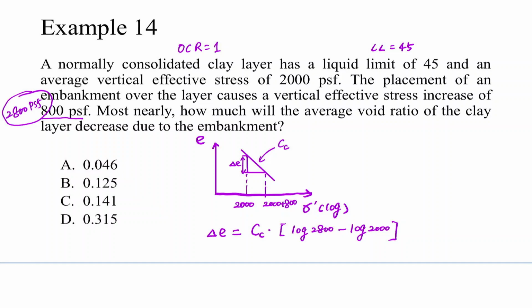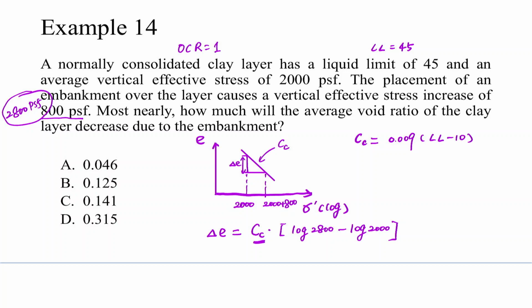The question is, for this particular problem, we don't have the C sub C. We do have the liquid limit. So this is where we use the empirical equation that you can find in the reference manual, the relationship between C sub C and LL: C sub C equals 0.009 times (LL minus 10).